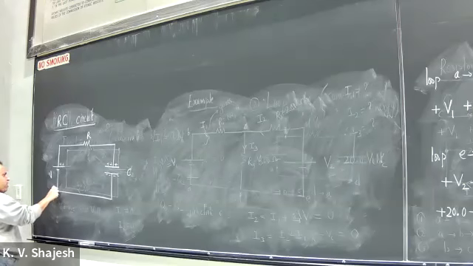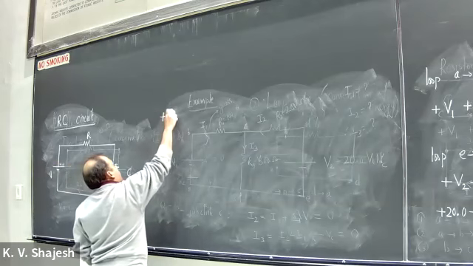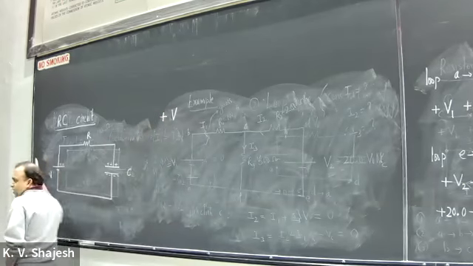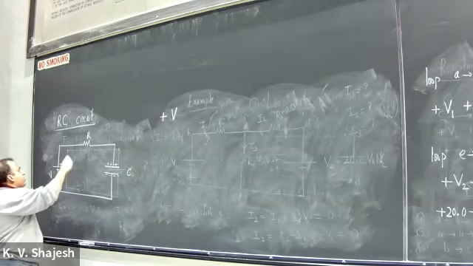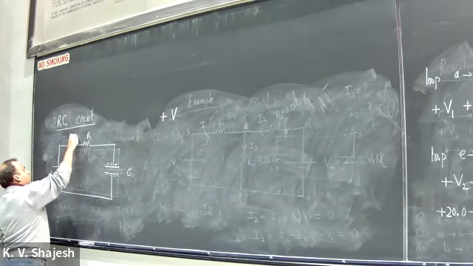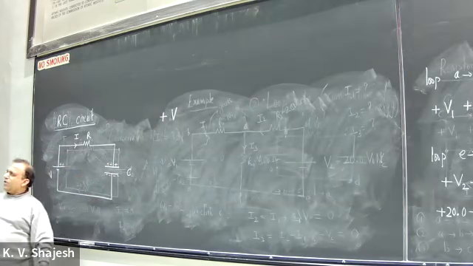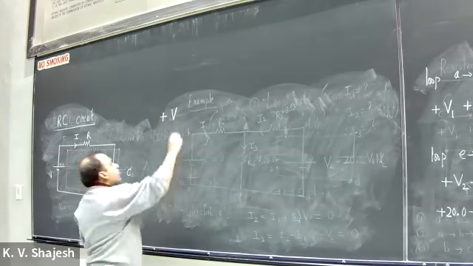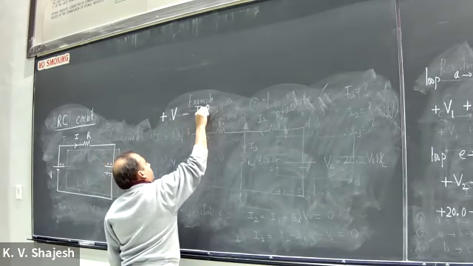So from here, we go plus V. We find the potential through the battery. There's a higher electrical potential here. And then there is a current that is going to flow through the resistor. It's going to go from higher potential to lower potential. So it is minus I and R.